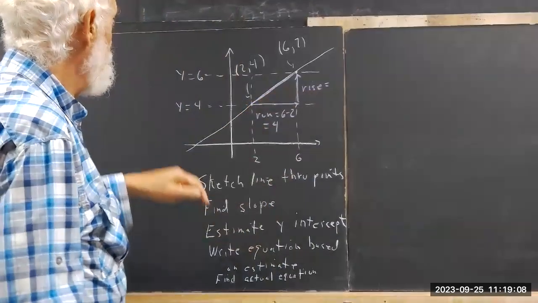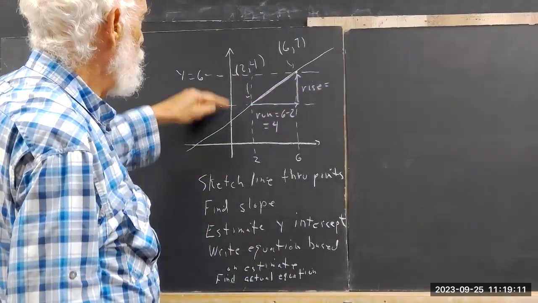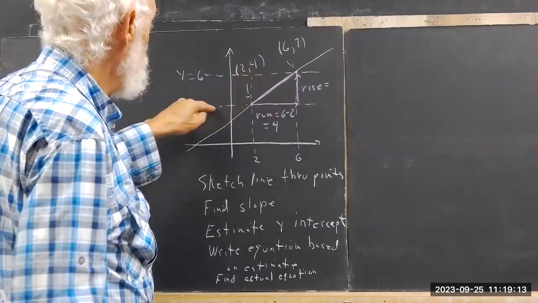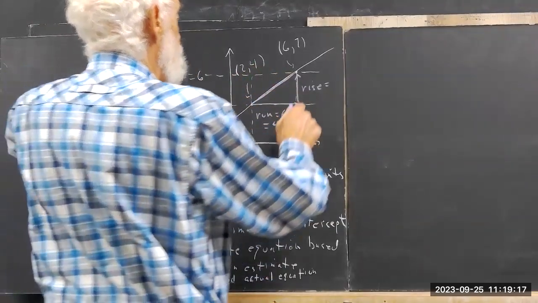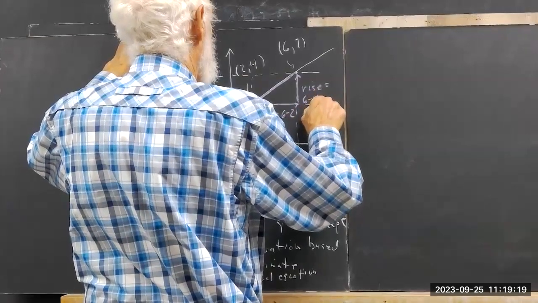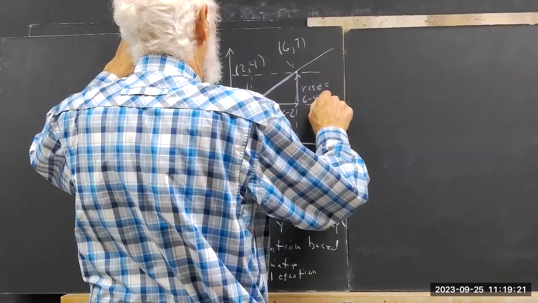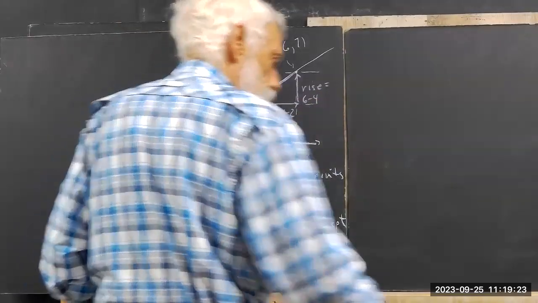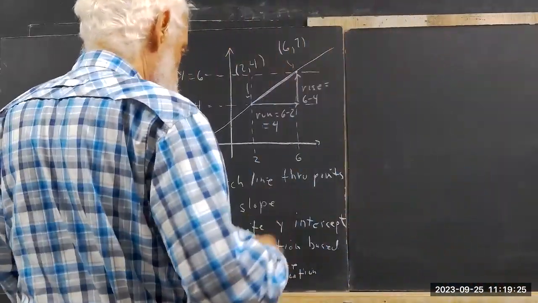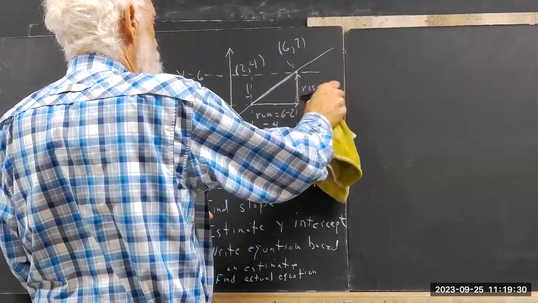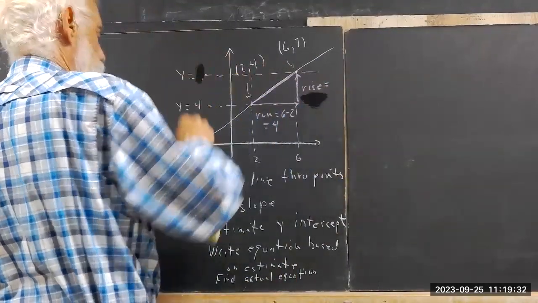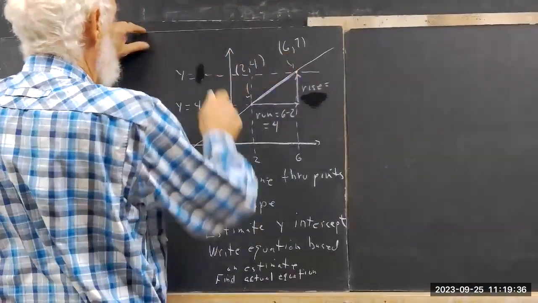The rise, well, y goes from 4 to 6 here. Y is 4 here, y is 6 here. So the rise is 6 minus 4. Oops, I got 6 in my head. He wrote it down here, but that's wrong. Y is 7 at this point.